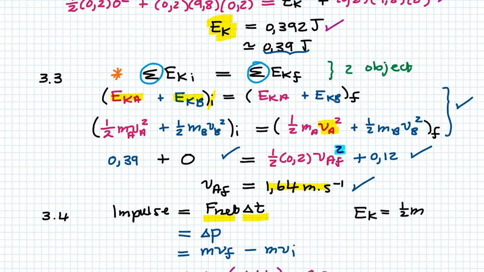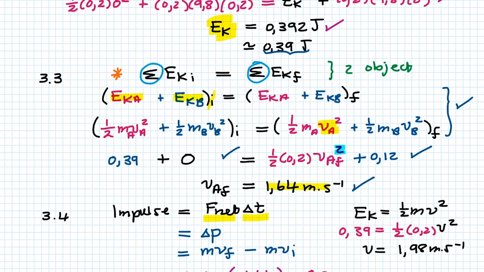We know the mass and we know the kinetic energy of ball A immediately before the collision. So we plug into this formula the values 0,39. We have half, the mass is 0,2, and we're looking for V, which we're going to square. We're going to manipulate this formula and plug the values into our calculators, and we find that the velocity is equal to 1,98 meters per second.